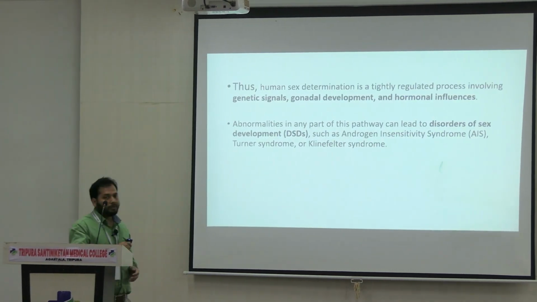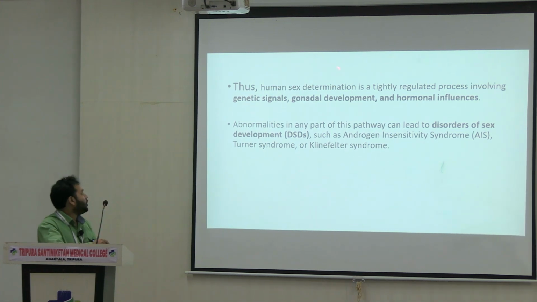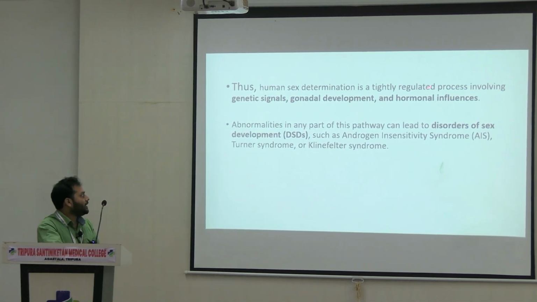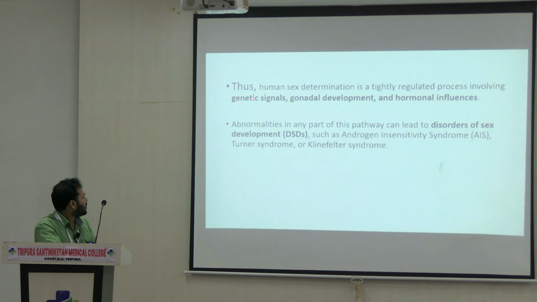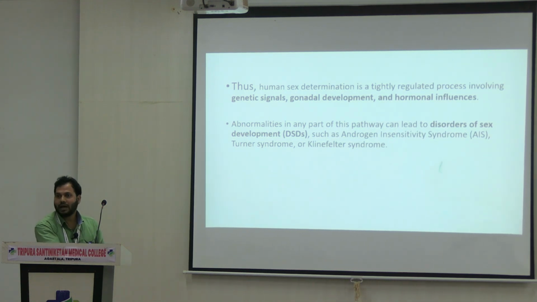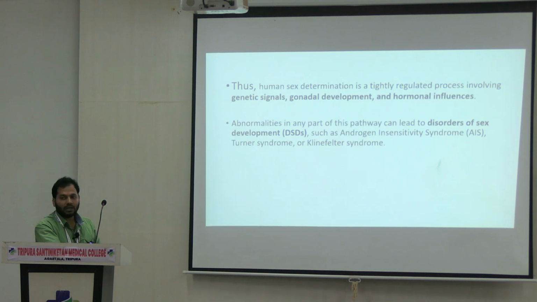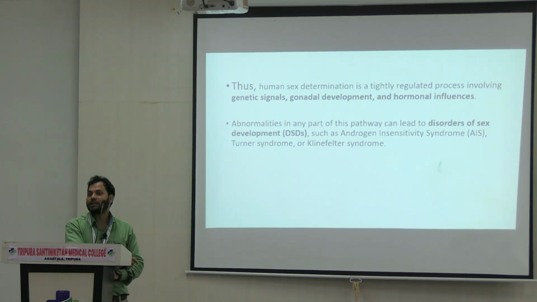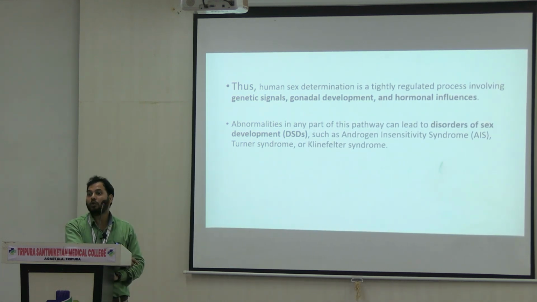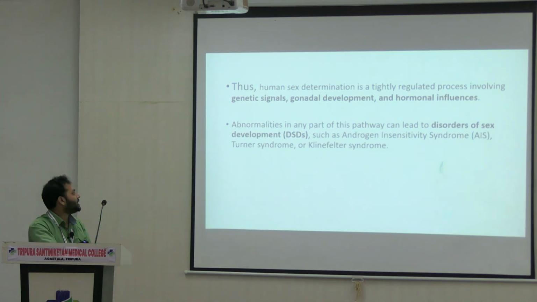Now, from that part, we could say human sex determination is a tightly regulated process involving genetic signals, gonadal development, and hormonal influences. But sometimes you can see abnormalities in the genetic signal, abnormalities in the developmental process, and even hypersecretion or hyposecretion of certain hormones that ultimately promote dysgenesis.